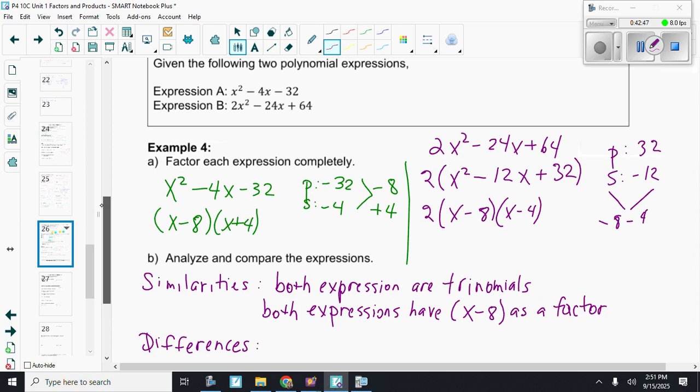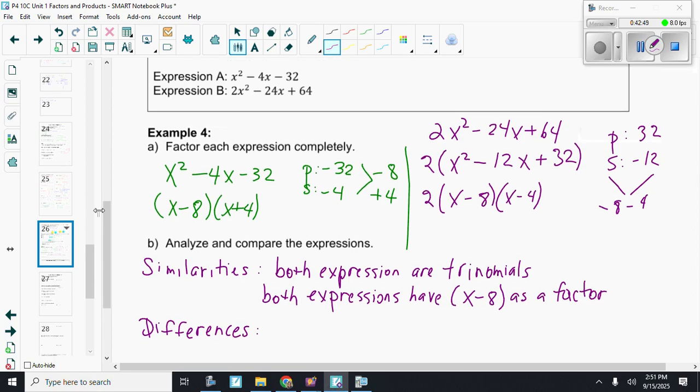Okay, the differences are, one was a simple trinomial because the number in front of the x squared was a 1. And then this one is what we call a complex trinomial.